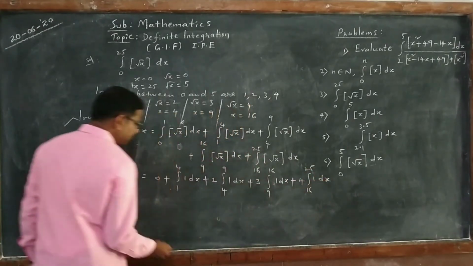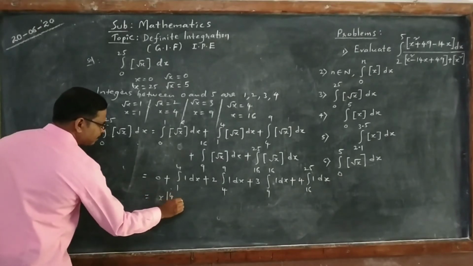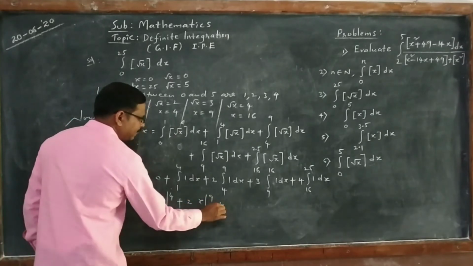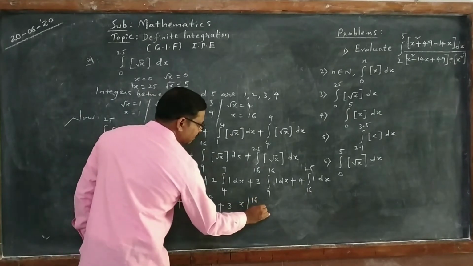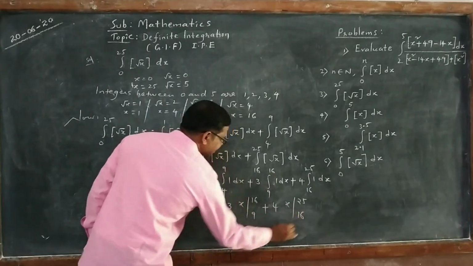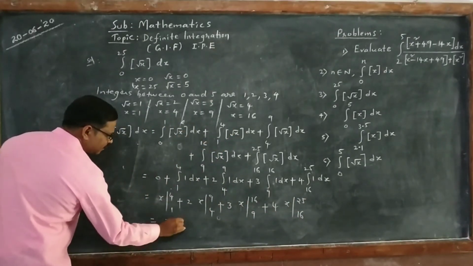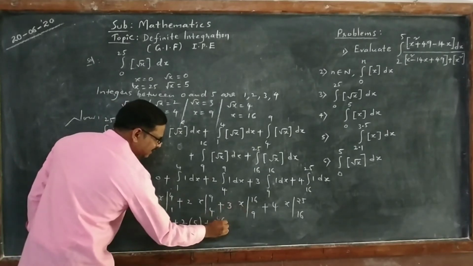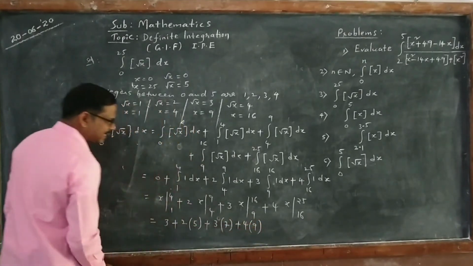So integral of 1 is x: x from 1 to 4, plus 2 times x from 4 to 9, plus 3 times x from 9 to 16, plus 4 times x from 16 to 25. So 4 minus 1 is 3, 2 into (9 minus 4) is 10, 3 into (16 minus 9) is 21, 4 into (25 minus 16) is 36.